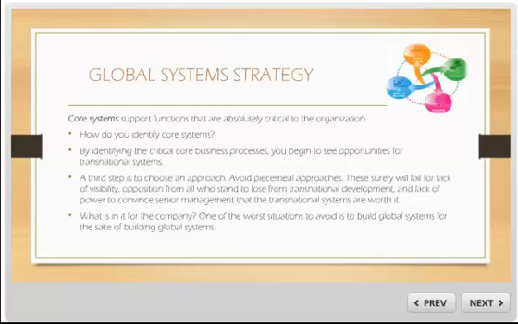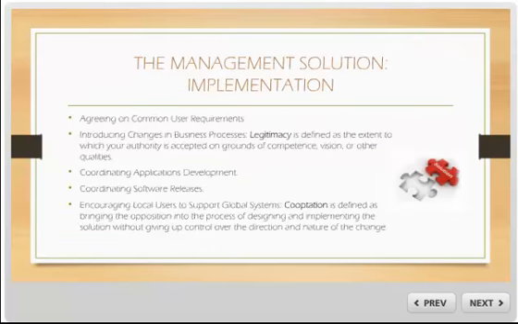A third step is to choose an approach. 4. What is in it for the company on an all-world scale, to avoid the temptation to build global systems for the sake of building global systems.